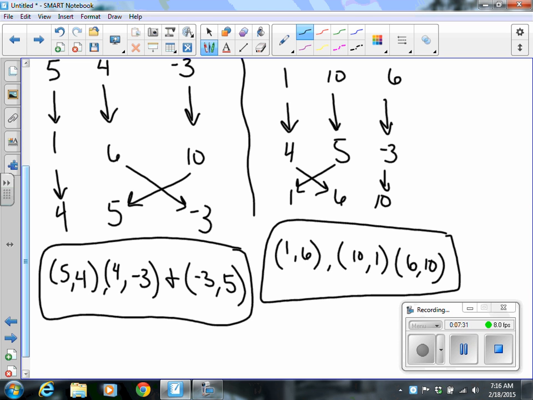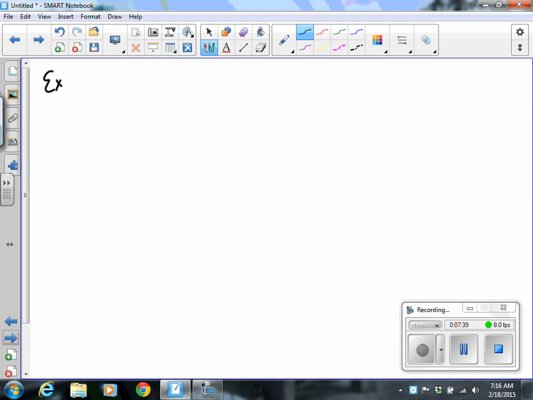Now that we've worked with the numbers a little bit, we're going to work with our equations and figure out how to do a true composite. For our last example, I'll do one composite and then you do the reverse order. f of x is x plus 7.